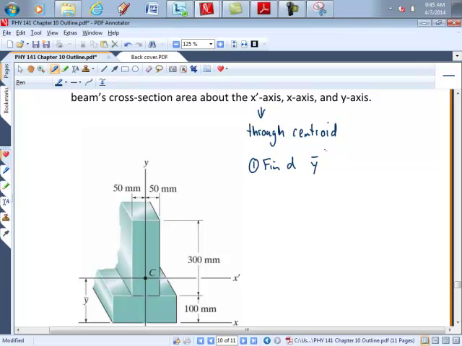Anybody guess why they're asking about the x prime axis but not the y prime axis? Right. The y prime axis is the same as the y axis because it's symmetric about the y axis. It's not symmetric about the x axis. So how are we going to find y bar?